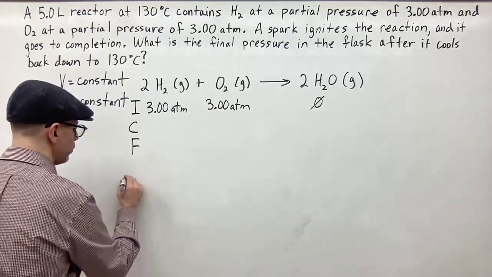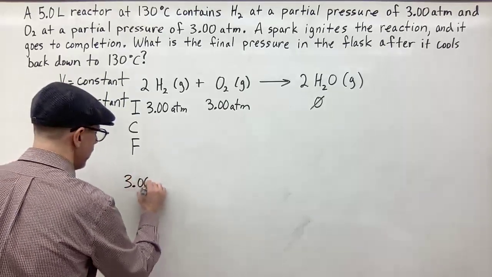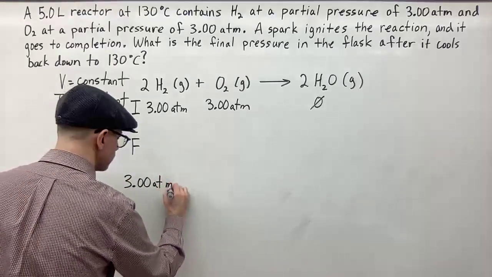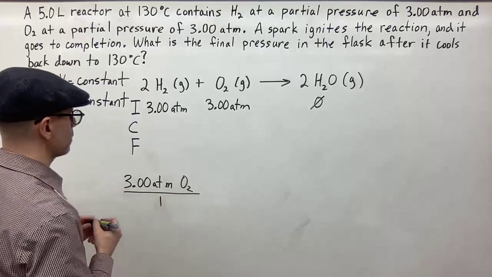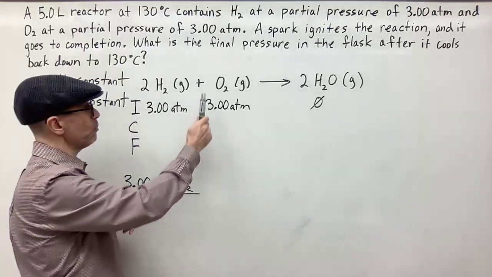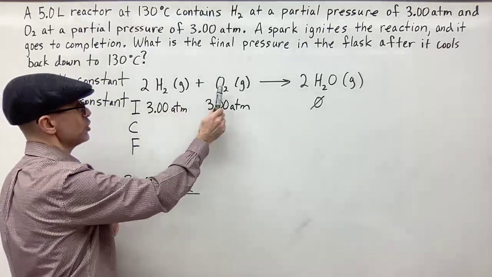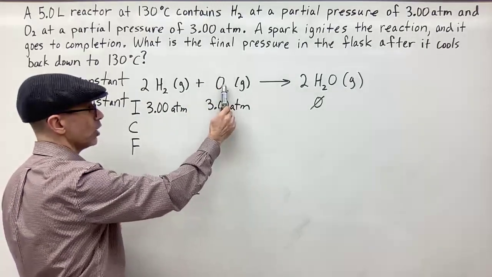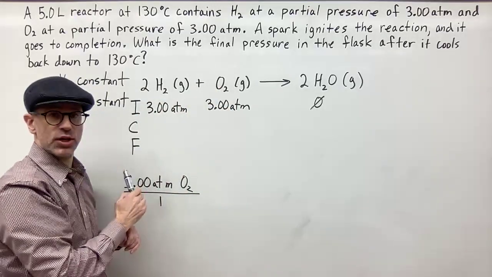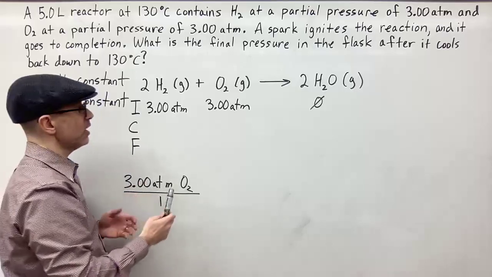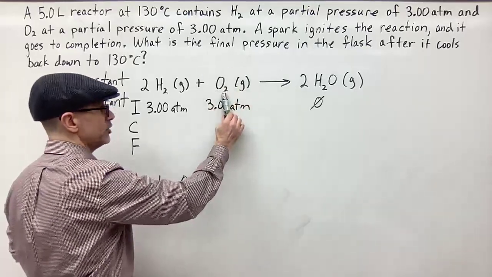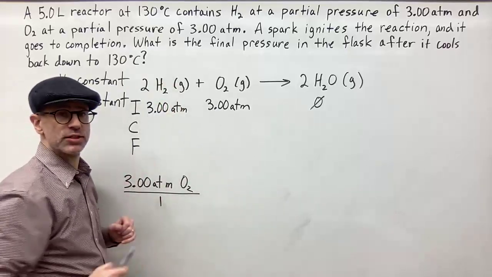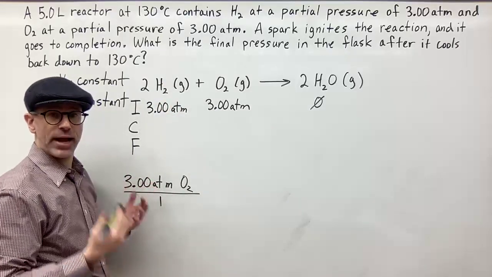I can take 3 atmospheres of oxygen, and then I can use the mole ratio 1 to 2. So 1 mole of oxygen requires 2 moles of hydrogen to react completely. Same thing with atmospheres. 1 atmosphere of oxygen needs 2 atmospheres of hydrogen to react completely.